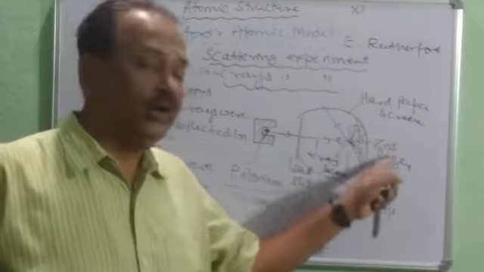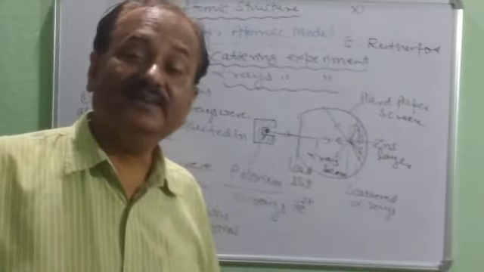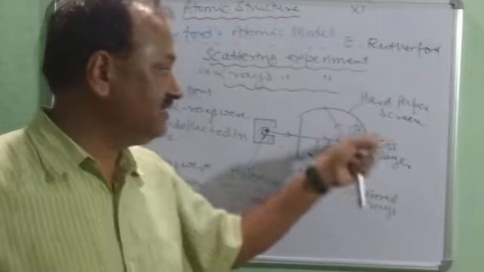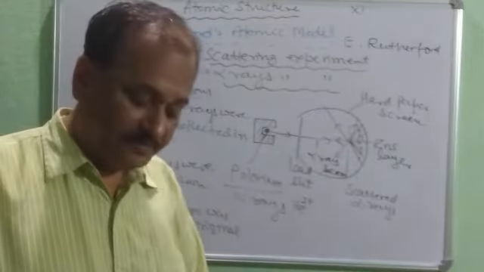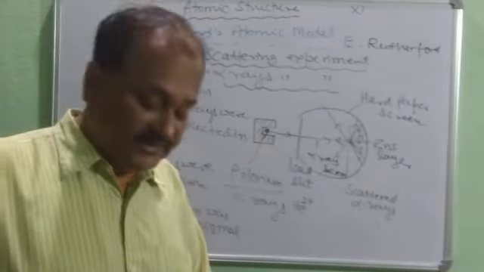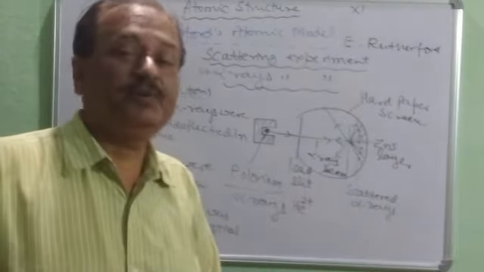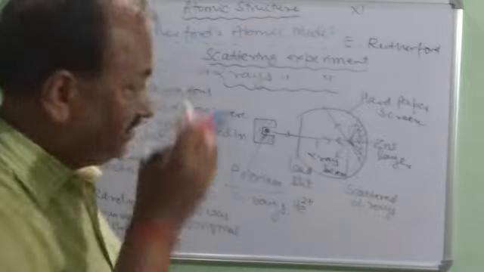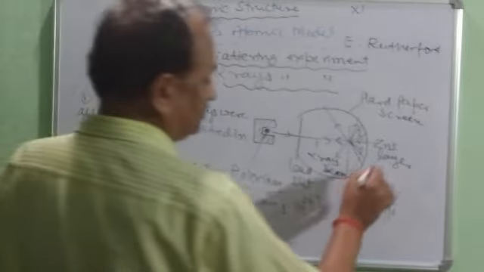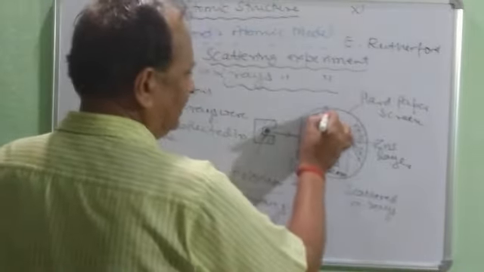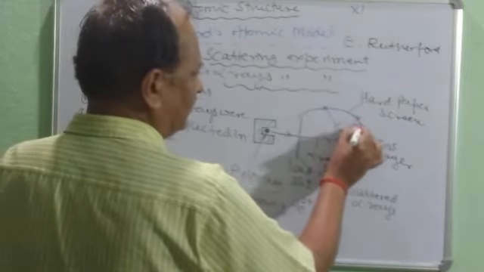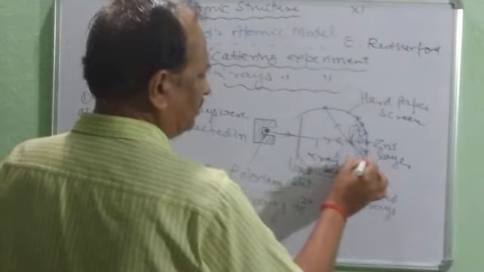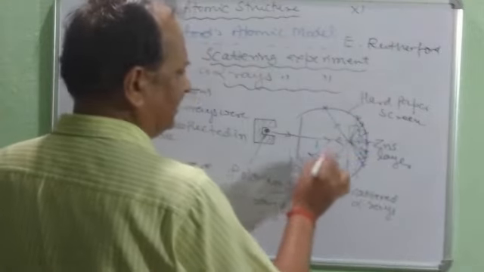Now, the other point is why zinc sulfide was taken. A zinc sulfide layer is inside the hard paper screen because zinc sulfide has a special property called fluorescent nature. When alpha rays strike the zinc sulfide, little scintillations are produced.